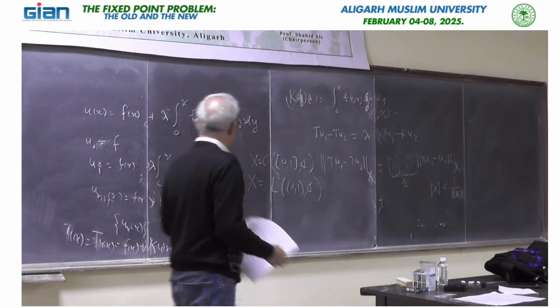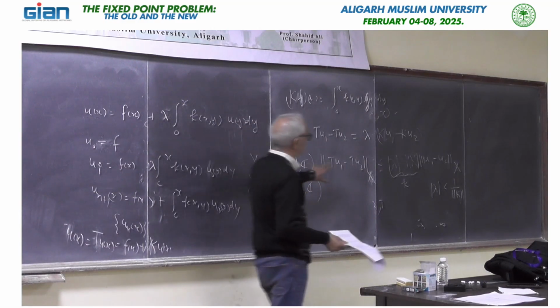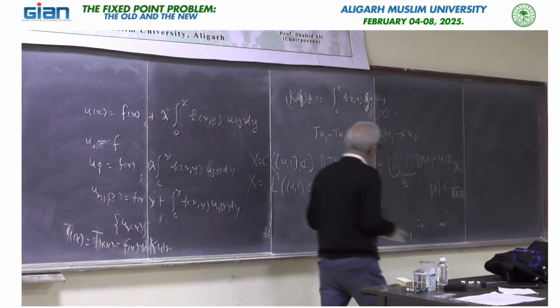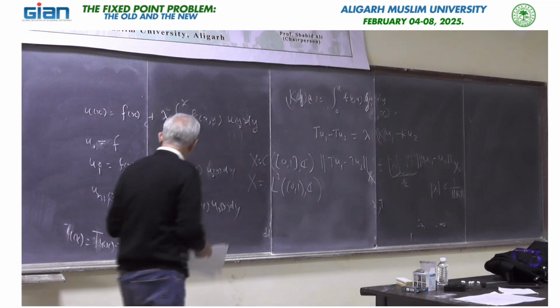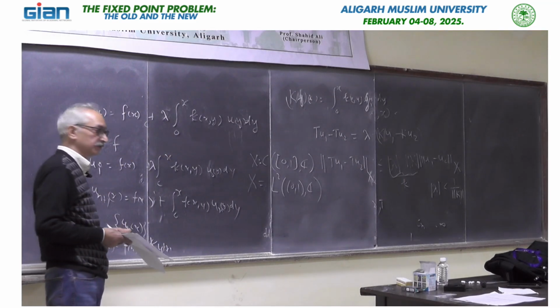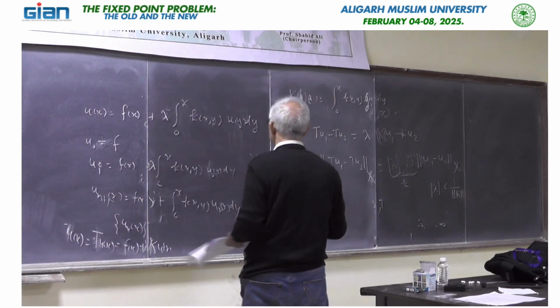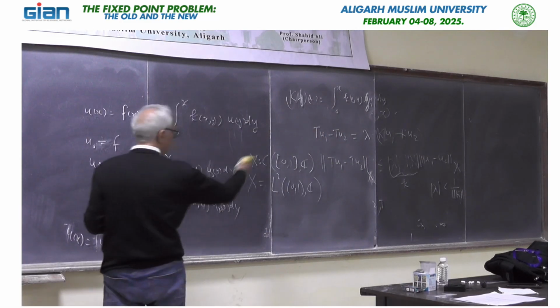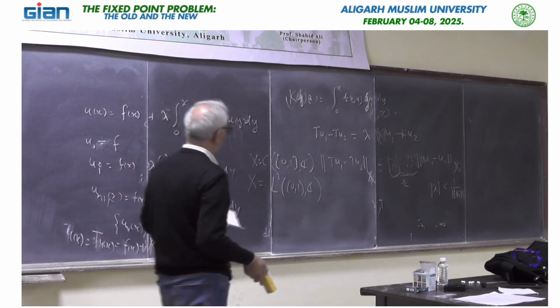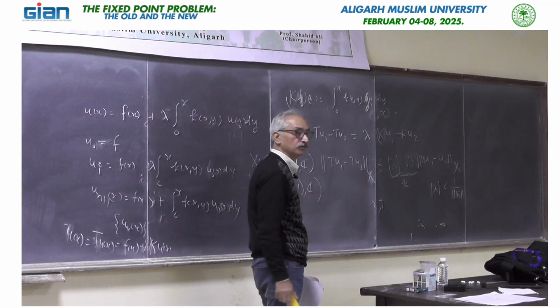So that's another way of looking at this problem, and you see that it will have a unique fixed point, and that fixed point is obviously going to be a solution of this integral equation. So that is one simple application in this case. Later on tomorrow I will show how we generalize it for this kind of space also.